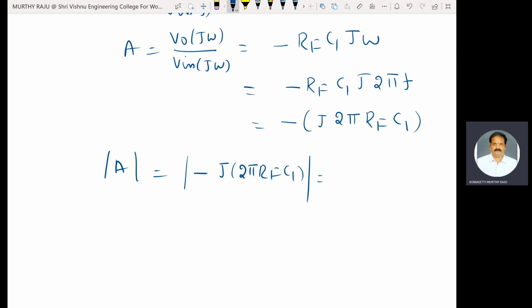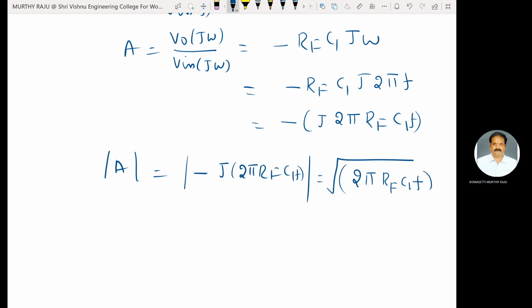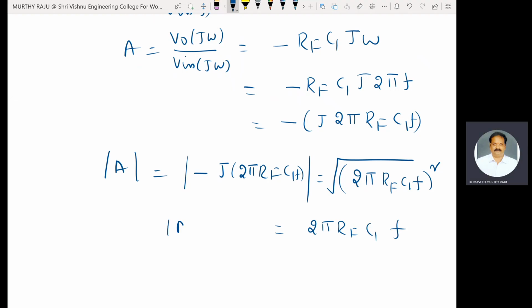Therefore, finally, that is equal to 2 pi f RF C1. This is the mod A.